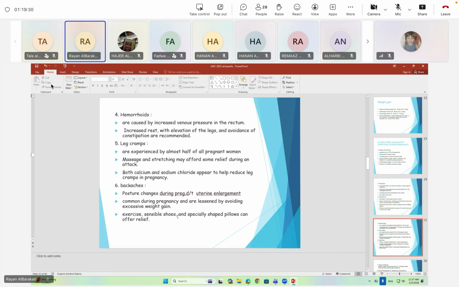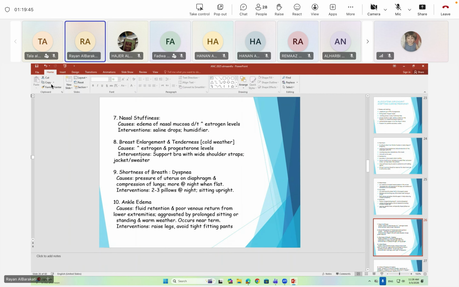Also, use sensible shoes and maybe shaped pillows and mattresses with good support for the back, not very soft mattresses. Nasal stiffness can come and is very common in pregnant ladies. They will feel some edema or nasal congestion.